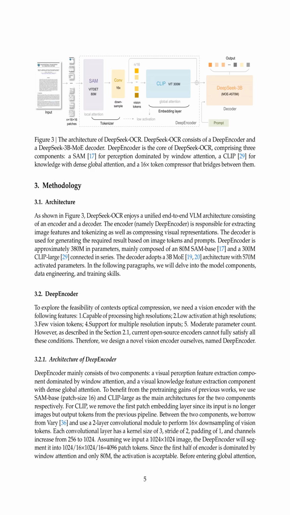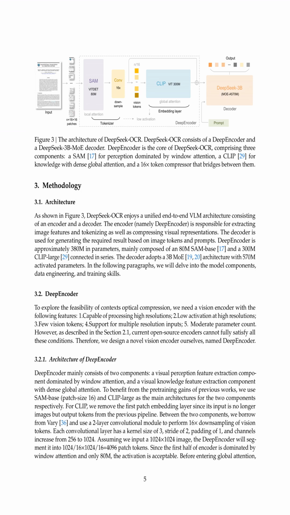DeepEncoder is approximately 380M in parameters, mainly composed of an 80M SAM-base [17] and a 300M CLIP-large [29] connected in series. The decoder adopts a 3B-MoE architecture with 570M activated parameters. In the following paragraphs, we will delve into the model components, data engineering, and training skills.